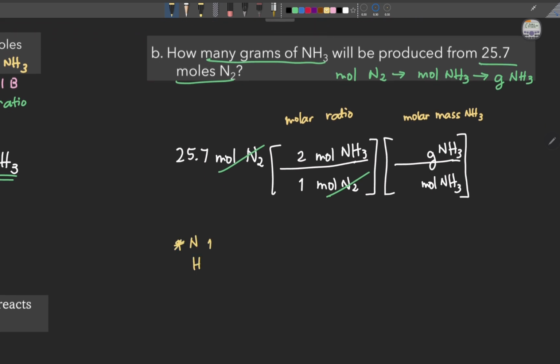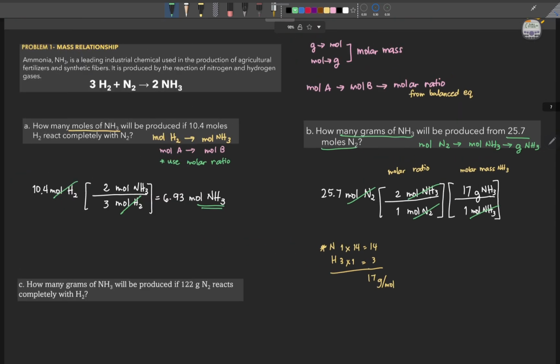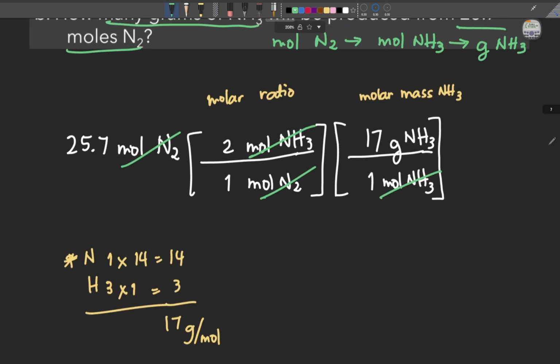NH3: we have 1 nitrogen, 3 times 1 hydrogen. What is nitrogen? 14. So that will be 14 plus 3, so 17 gram per mole. So we put here 17, and then we have here 1. Then we can cancel out mole, mole. Okay, so we have now the molar mass.